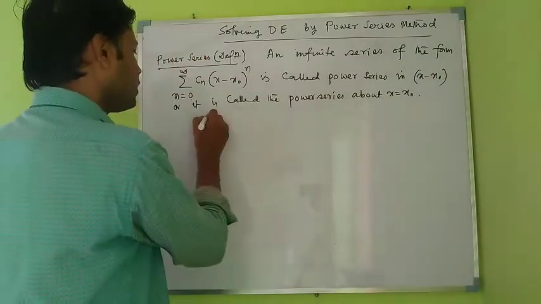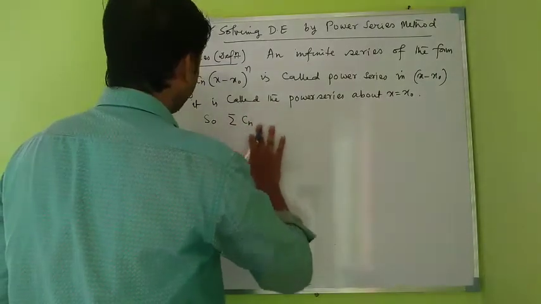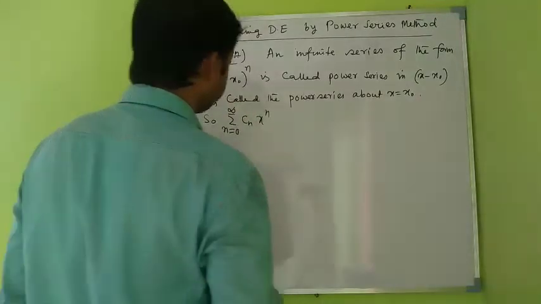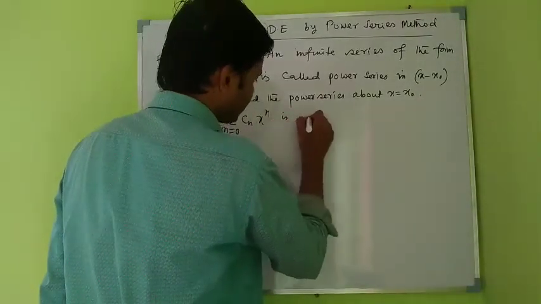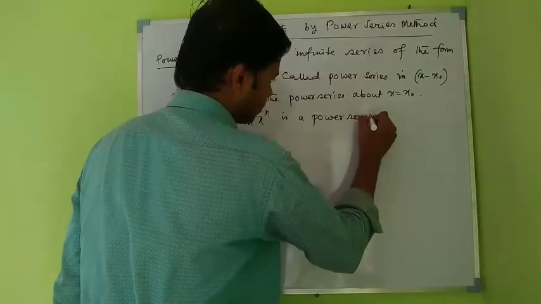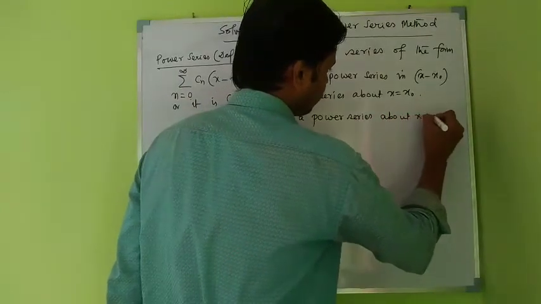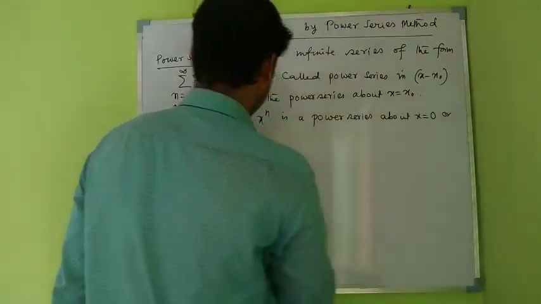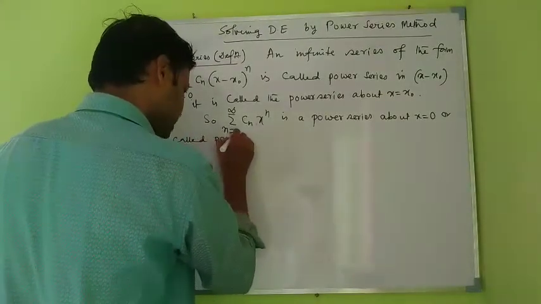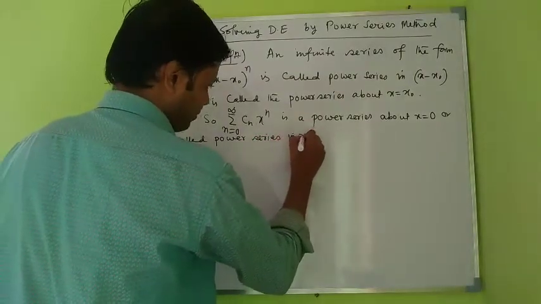So sigma Cn x to the power n from 0 to infinity is a power series about x equals 0, or is called a power series in x.